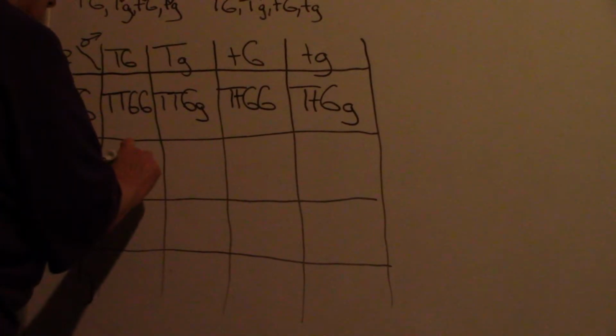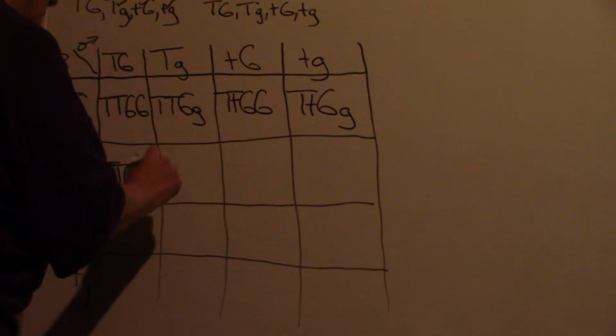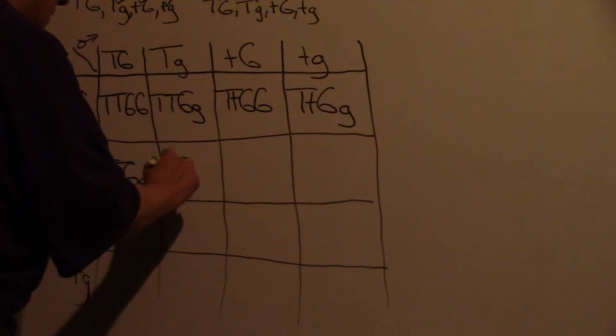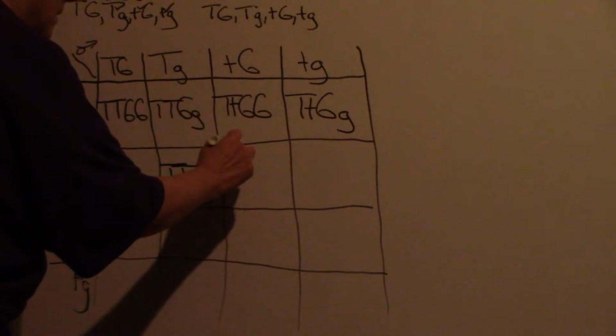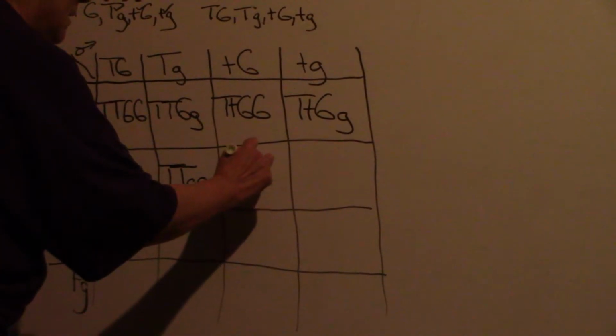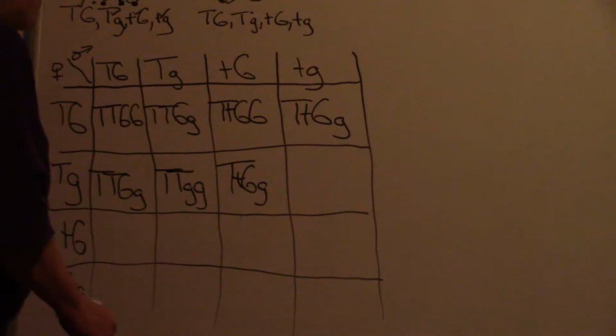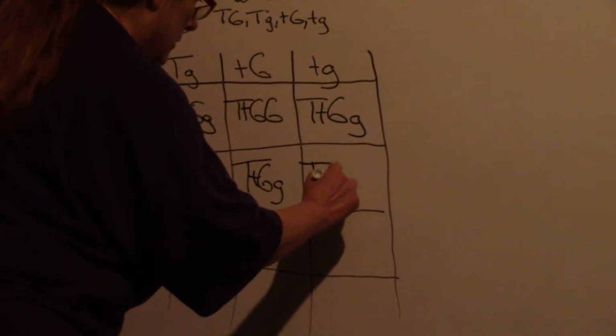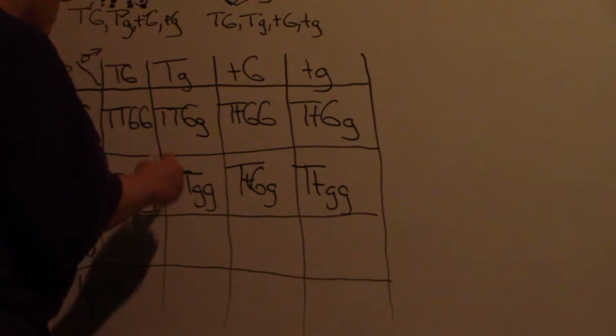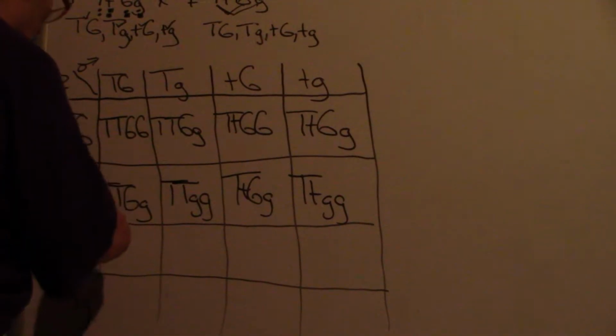Big T, little t, big G, little g. Big T, big T, little g, little g. Big T, little t, big G, little g. Big T, big T, little g, little g. Down to this one.